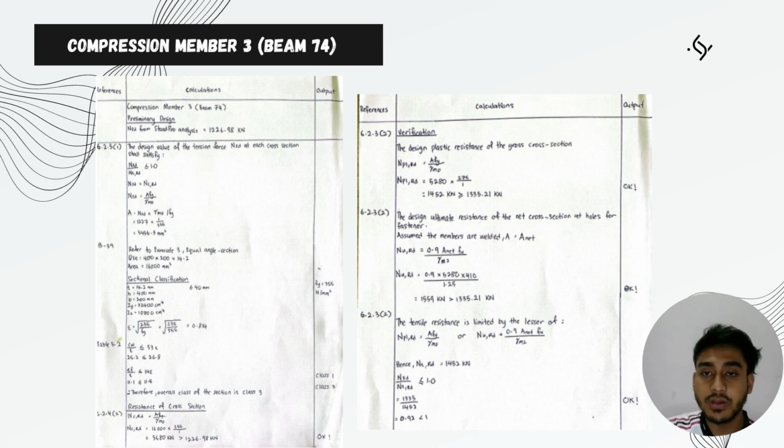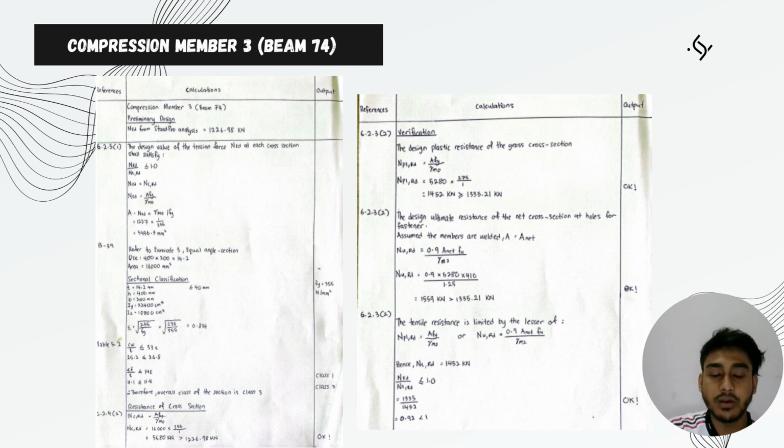After we calculate all of this, we get the area is 3456.3 millimeter square. And then refer to Eurocode 3, equal angle section, so we use 400 times 200 times 14.2.